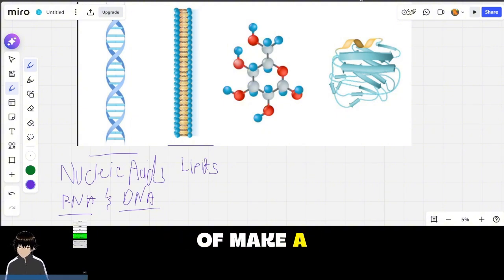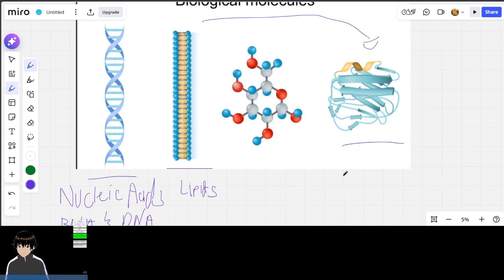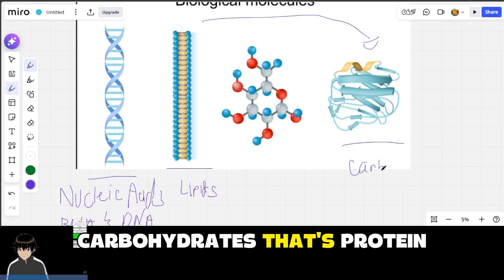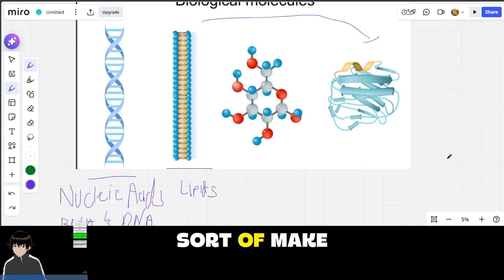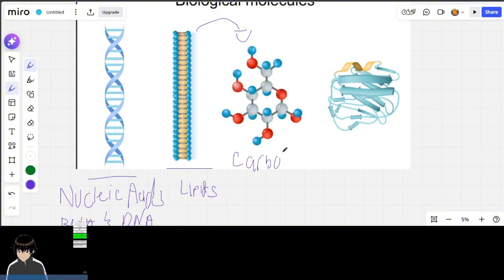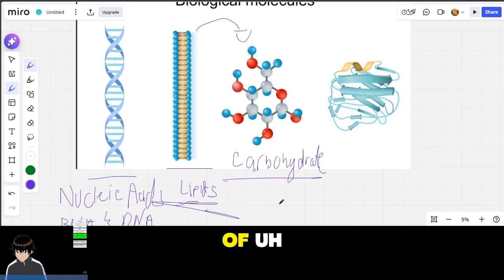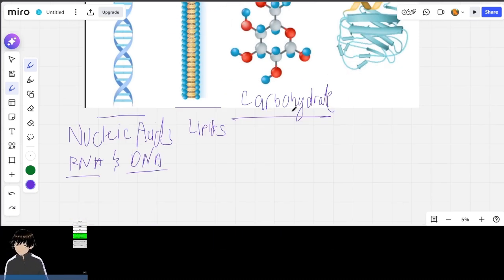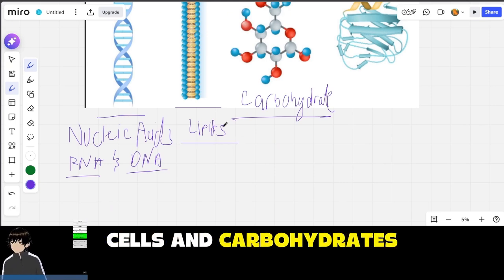Oh no, that's not carbohydrates. That's protein. Okay, we can sort of make a connection with lipids and carbohydrates because they both sort of relate to the energy of the cell. The energy there is derived from cells and carbohydrates.